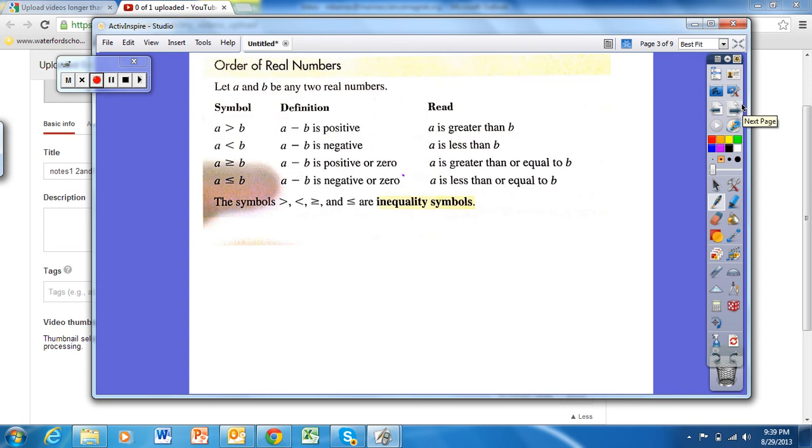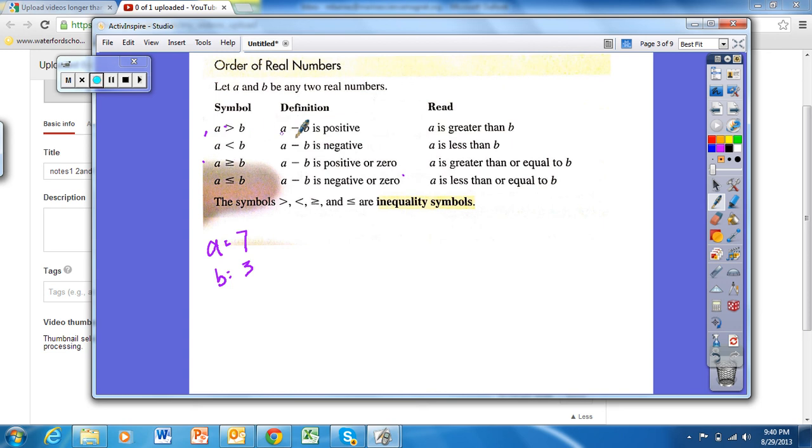These are just some simple rules for you. If a and b are real numbers and a is bigger than b, sometimes it helps to plug in numbers so that you actually understand what's going on. So if a is bigger than b, let's call a 7 and b 3. A minus b, 7 minus 3, is positive.